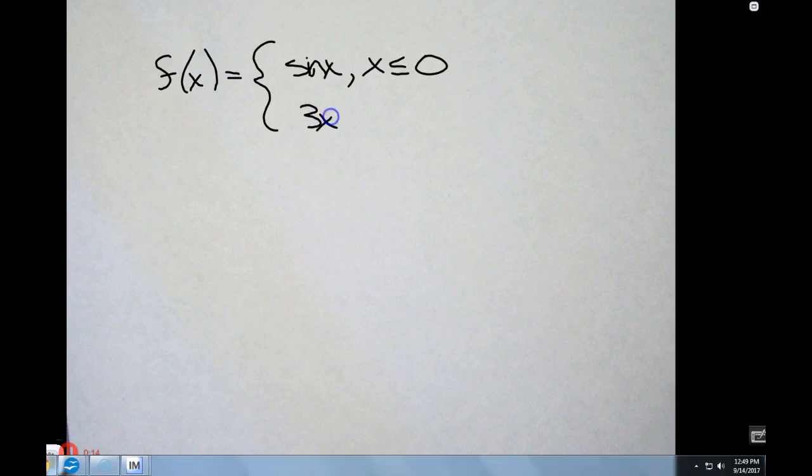Let's say f of x equals sine of x when x is less than or equal to 0, and 3x when x is greater than 0. I'll take the coloring away.